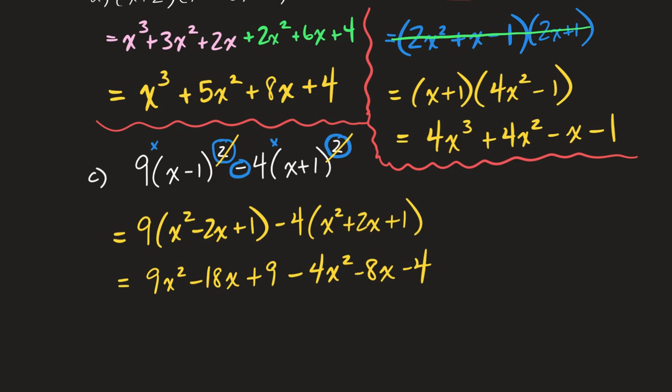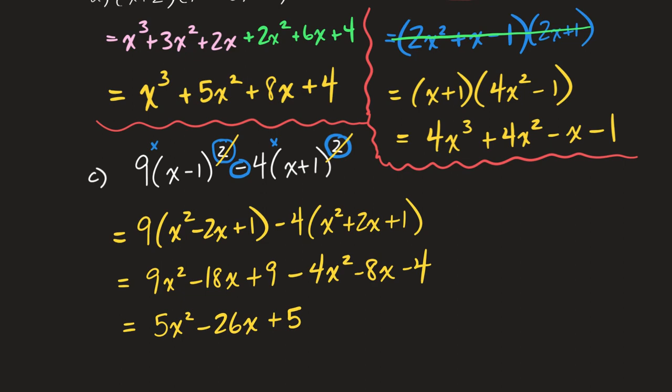The only thing left to do now, collect like terms. And if we put together our x squared terms, put together our single x terms, put together our constant, then I'm hoping we got down to 5x squared minus 26x plus 5, and I think that that is giving you some really good feedback that you have a good understanding of today's topic.